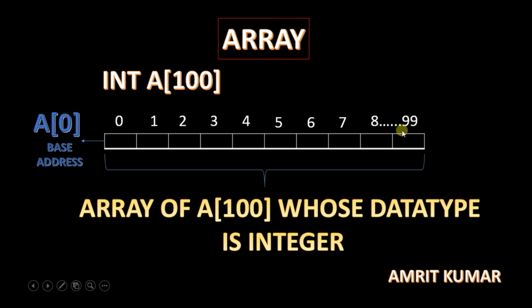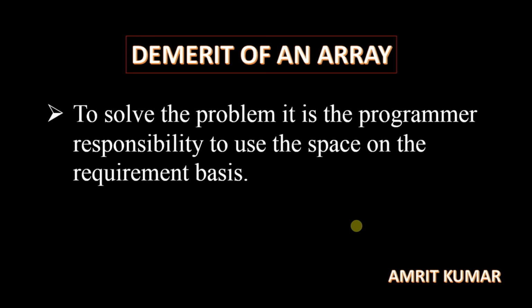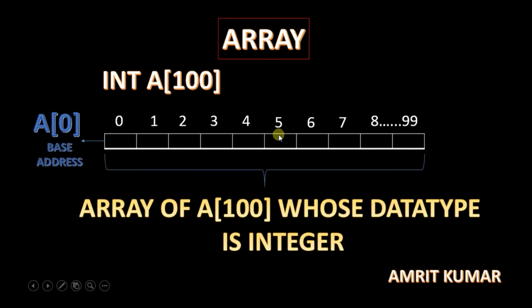You can see the demerit was that we were wasting 90 spaces, that is 360 bytes. To avoid that problem, it is the programmer's responsibility to use the space on a requirement basis. If we are not using all the containers of this array, then it is the wastage of memory.